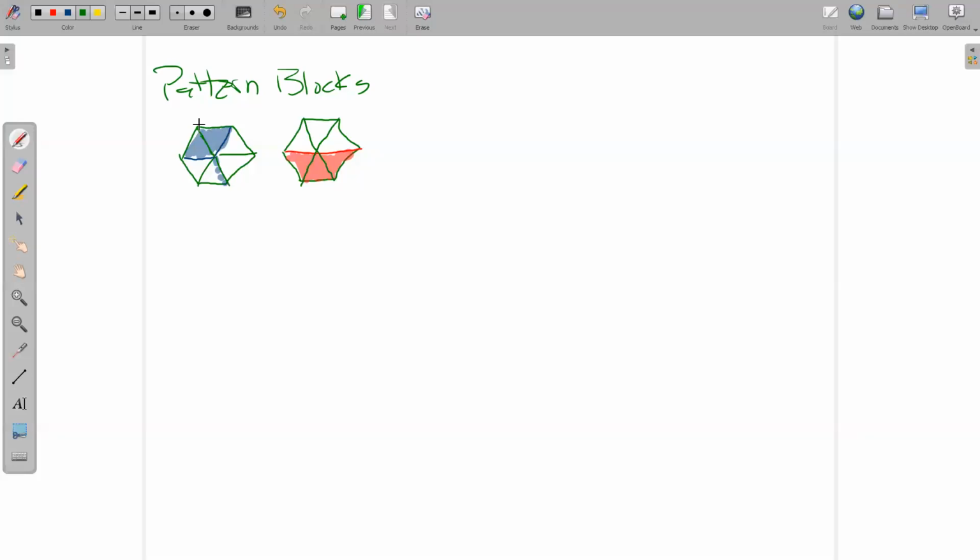So now I can see that this piece that I was calling 1/3 is really 2/6, and this piece that I was calling 1/2 is really 3/6. And so when I combine and count, I have 5 out of the 6 pieces I need to make a whole. And we could draw them all together if we want.